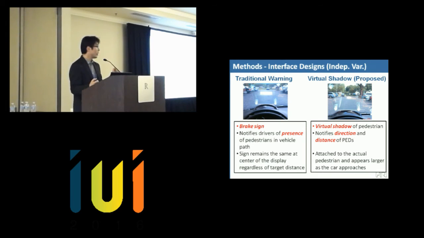And while the traditional warning sign remains the same at the center of the display, regardless of the target distance, ours is attached to the actual pedestrian and appears larger as the car approaches. So these are the differences.